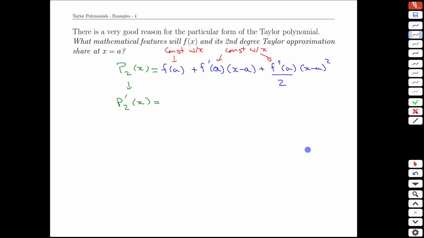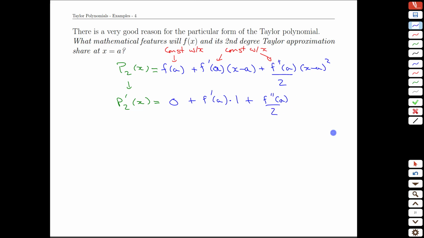If x is our variable, and it is, when we talk about this parabola, it's a parabola with x being the independent variable, then all of these other f prime, f double primes are just numbers that we would have calculated earlier. If that's the case, then when we take the derivative, we would get 0. We would have f prime of a, and this derivative x minus a constant is just 1. And then we would have the second derivative of a, that's just a constant over 2.